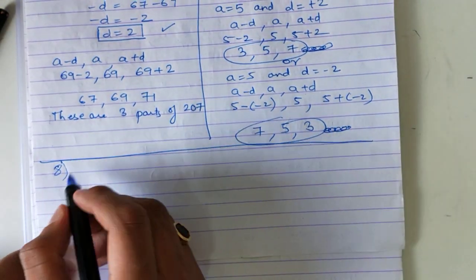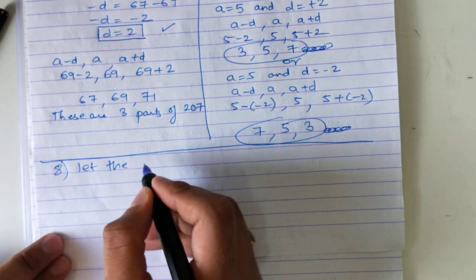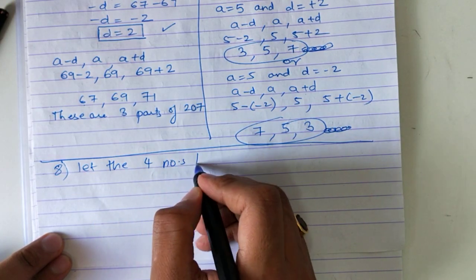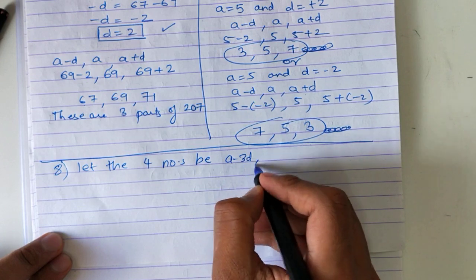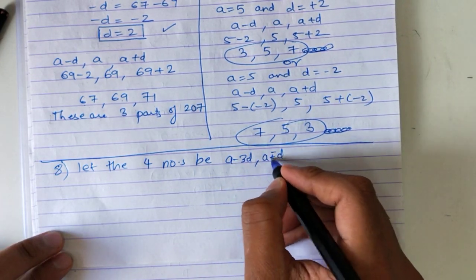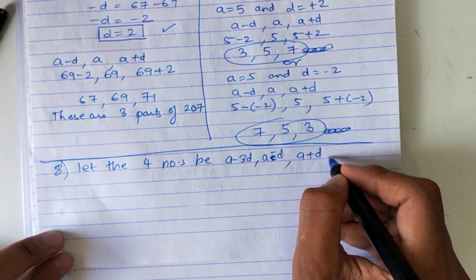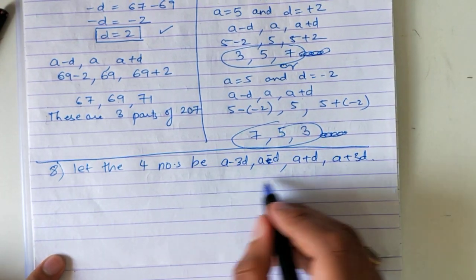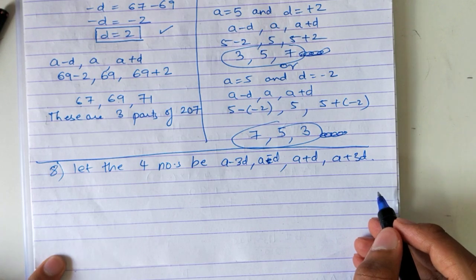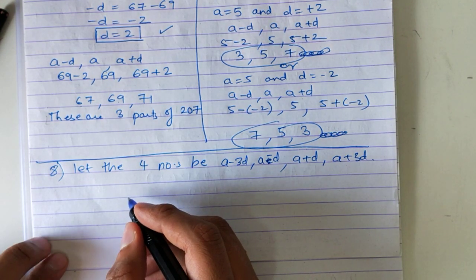Let the 4 numbers be a minus 3d, a minus d, a plus d and a plus 3d. These are the 4 numbers. Whose sum is 20.